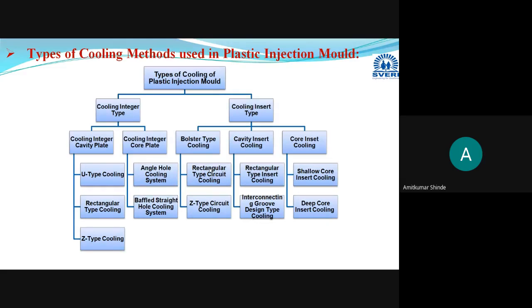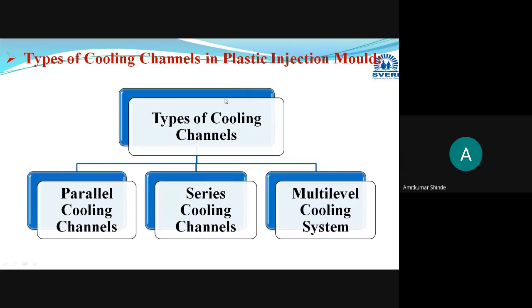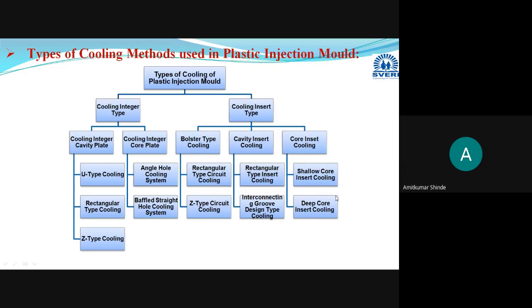In today's session, we have completed the types of cooling channels: parallel cooling channel, series cooling channel, and multi-level cooling channel system, with their basic elements and functions. After that, we discussed the types of cooling methods used in the plastic injection mold.